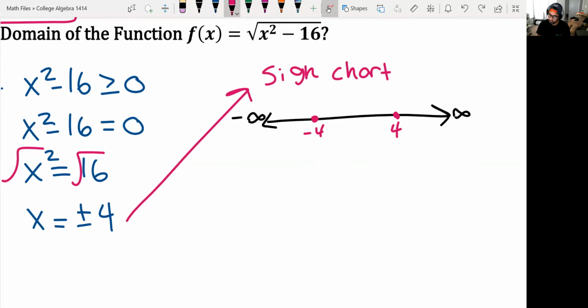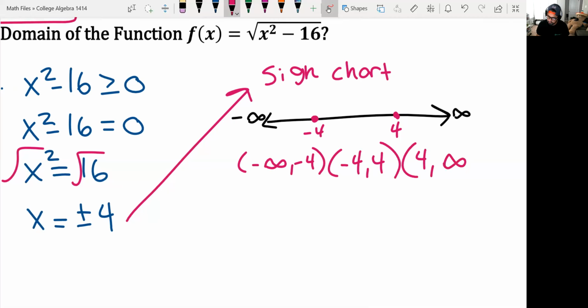The first interval is from -infinity to -4. The second interval is from -4 to 4. And the third interval is from 4 to infinity. So when I say pick test numbers, you will pick test numbers in between these intervals.